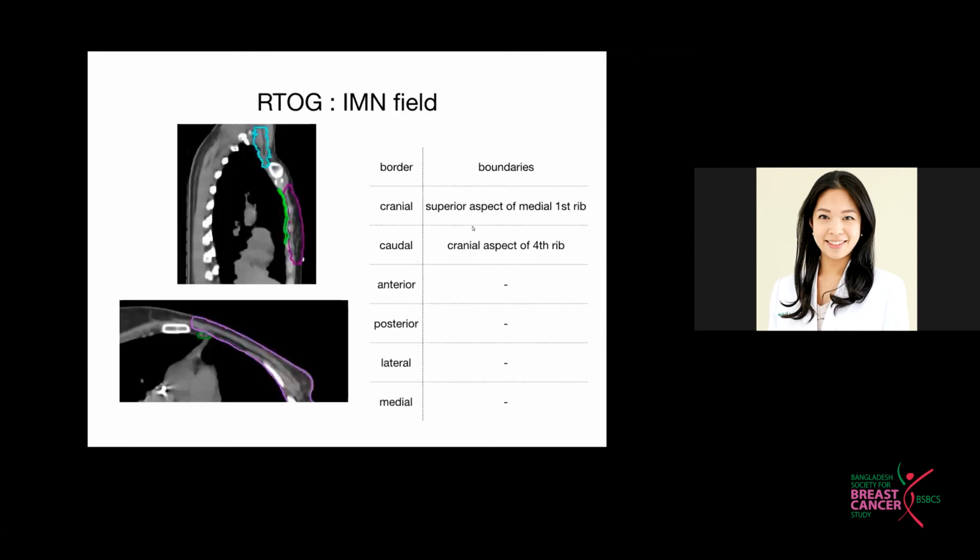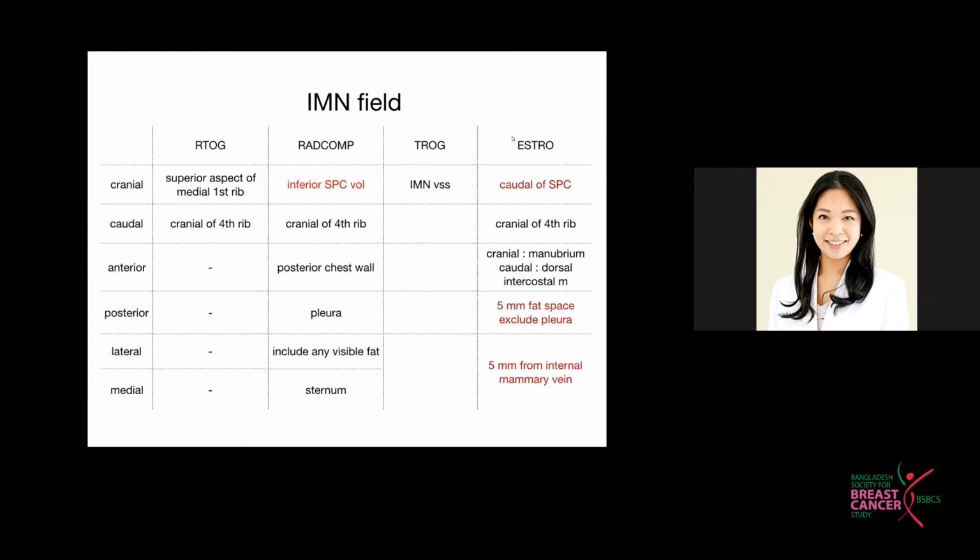For the IMN field, these are the boundaries of RTOG. They have cranial and caudal boundaries, the cranial at the first rib and the caudal at the fourth rib. So these are the differences of the guidelines. You can see that for RADCOMP and ASTRO, the IMN field connects to the supraclavicular field, which I think makes sense, and we should do that as well.